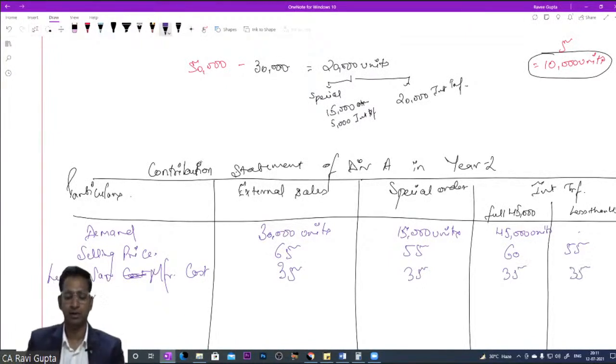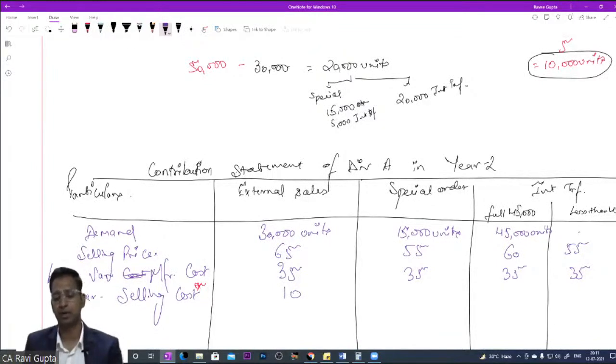Now variable selling cost, you need to put a star mark so that you can understand this point. Here we will be incurring 10 rupees, but here you need to refer to this star point. That is, we are not going to incur the variable selling cost in these cases because we have incurred 50,000 rupees and avoided this cost.